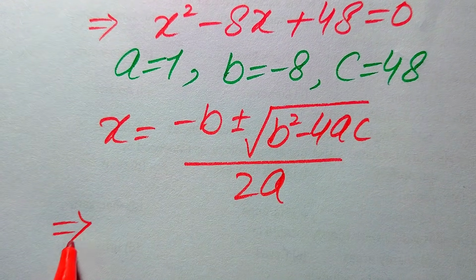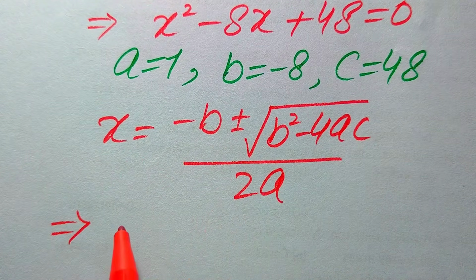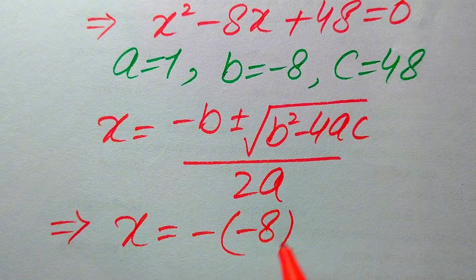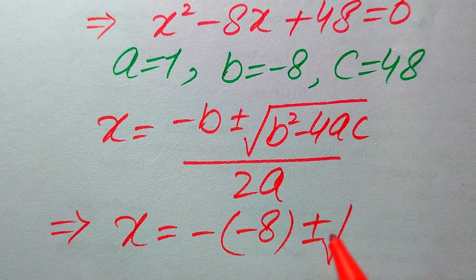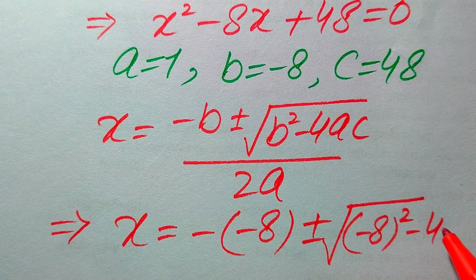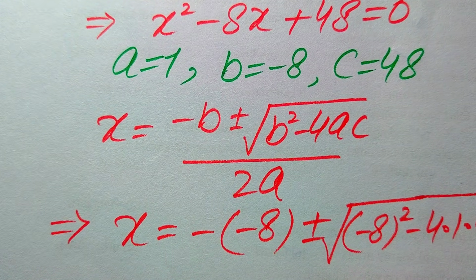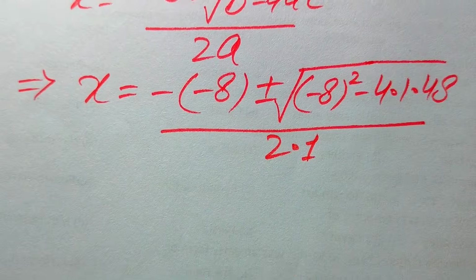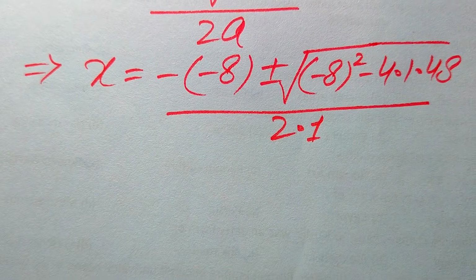And we substitute all the values of a, b, and c here, and we get x equals minus b, the value of b is minus 8, plus minus square root of (minus 8) squared minus 4 times a, which is 1, times c, which is 48, divided by 2 times a, and here our a equals 1.